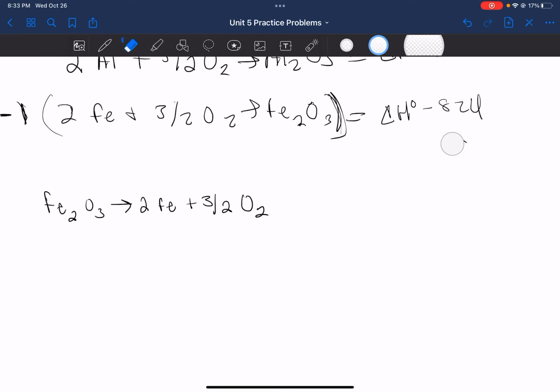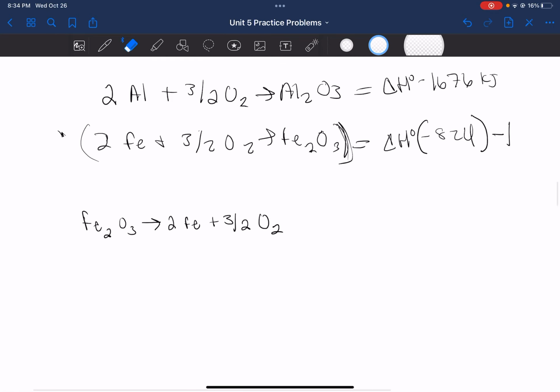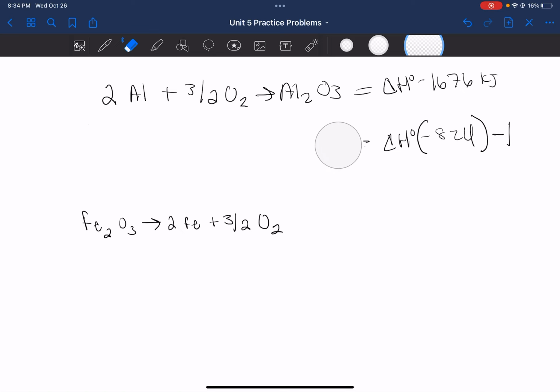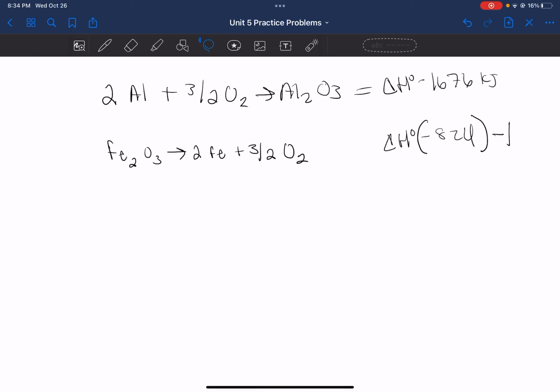So if we multiply this by -1 to change the order it goes in, we need to multiply this by -1 as well. And so far, after this, we actually don't need this anymore because it's completely irrelevant. So we just keep this new one.